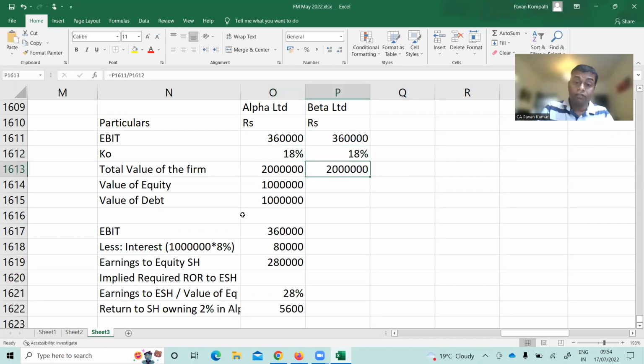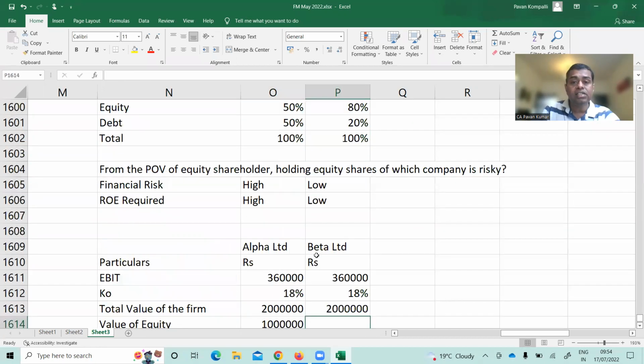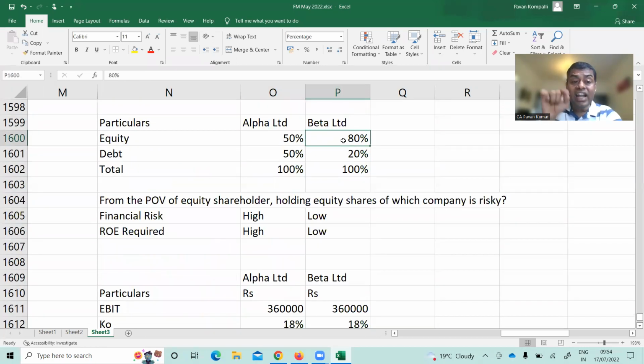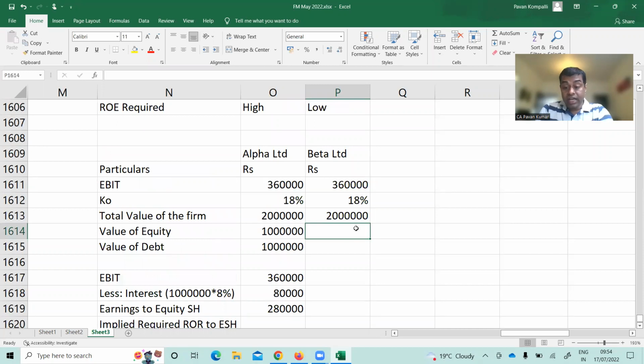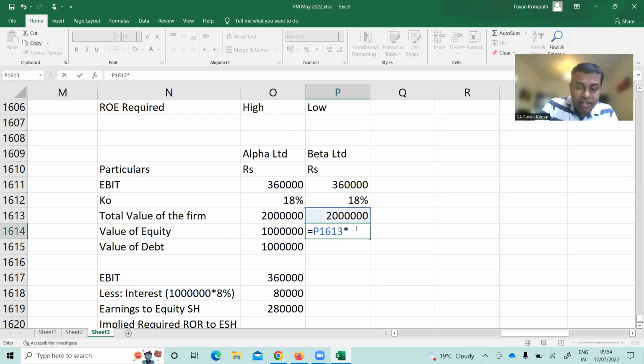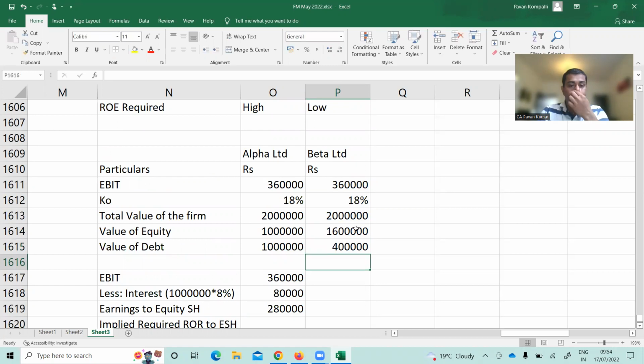What is value of the firm? Same. But value of equity and value of debt will not be the same, my dear friends. Here, equity 80%, debt is 20%. So, equity 80%, debt is 20%, so debt is 4 lakhs only.